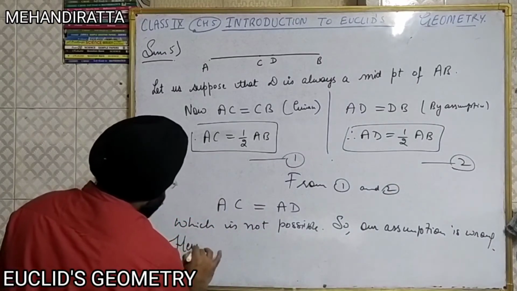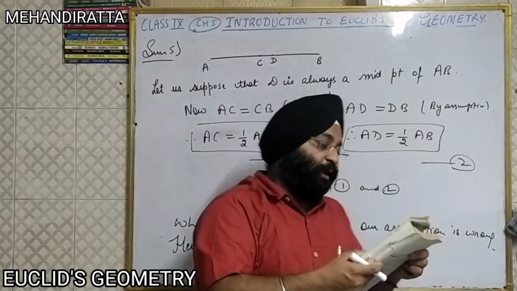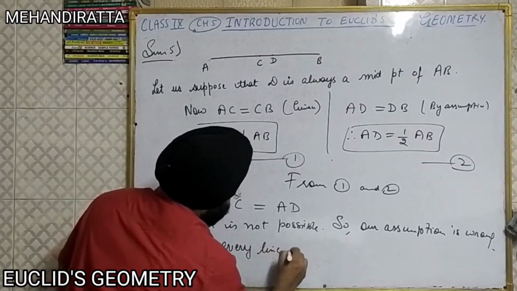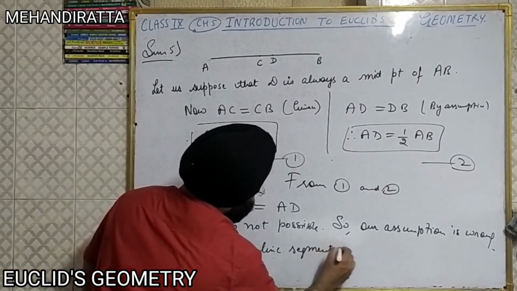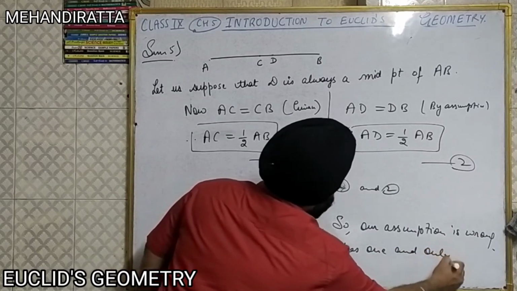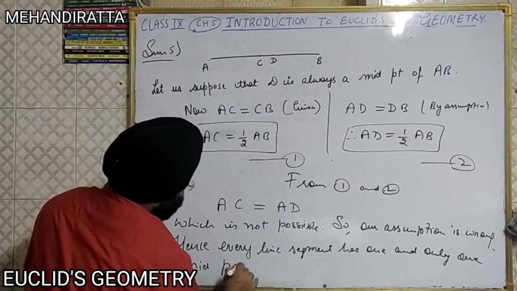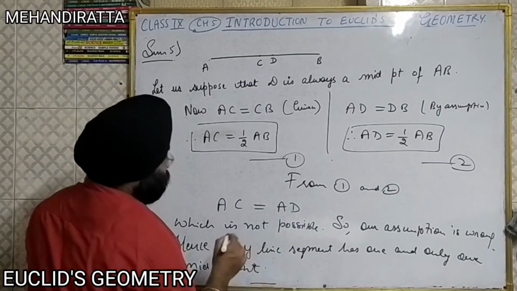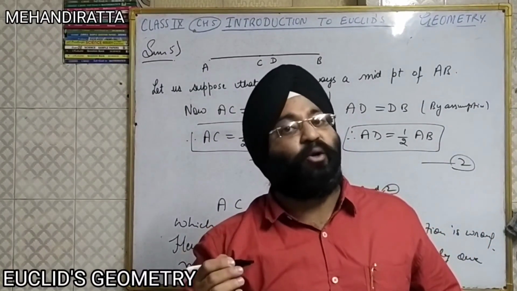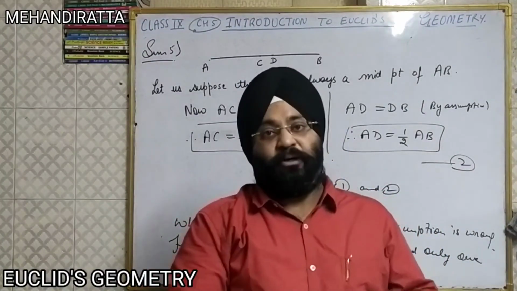Hence, every line segment has one and only one midpoint. So our assumption was wrong. Hence, a line segment has one and only one midpoint. This was your fifth sum.